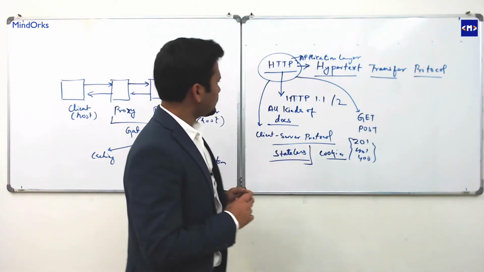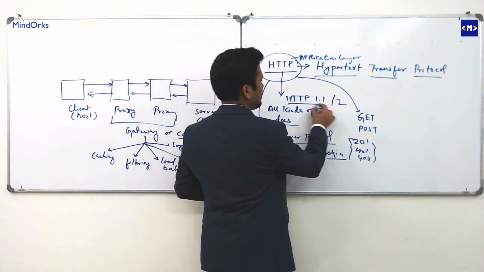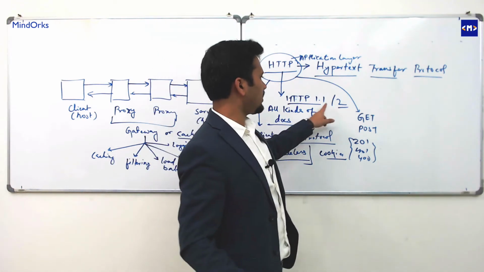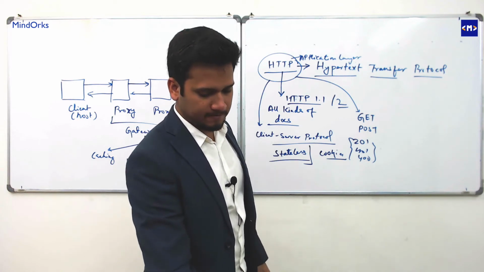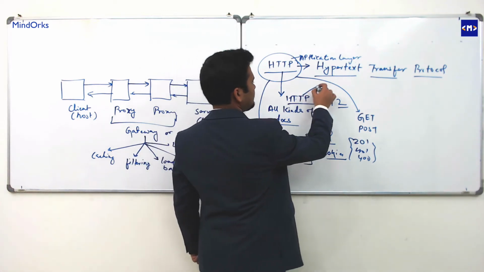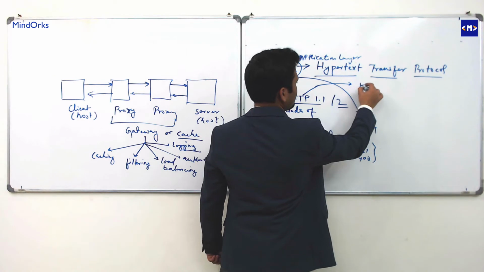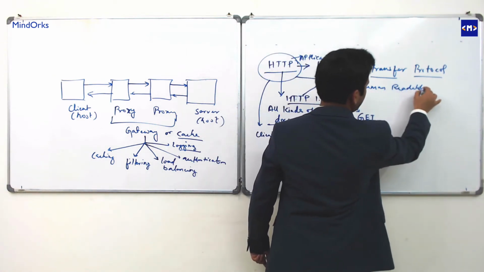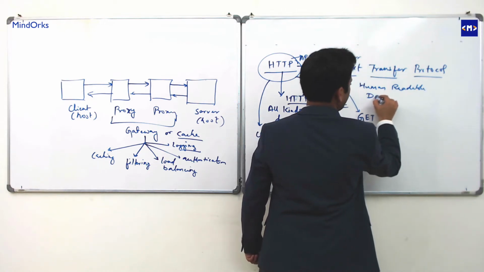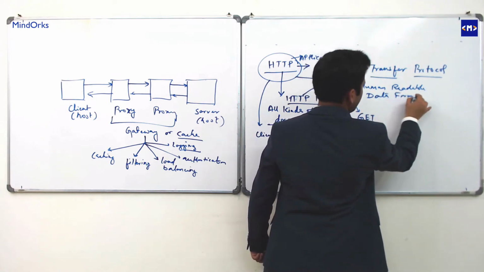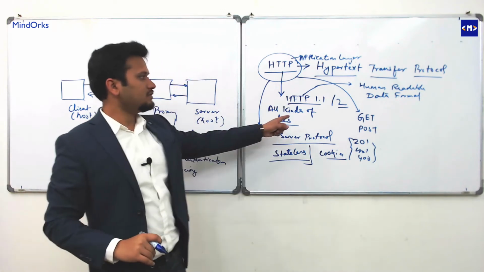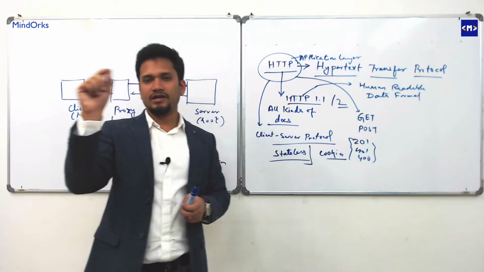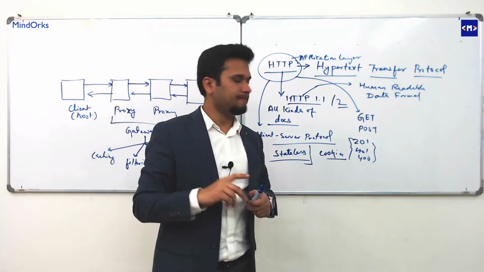One thing I would like to mention is HTTP 1 and 2. Now we have HTTP 2 and earlier we had HTTP 1. Initially they provided a human readable data message format. HTTP 1 provided a human readable data format where we can directly read what is in the header bytes and what is in the body.